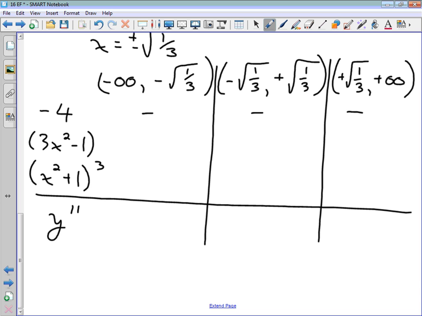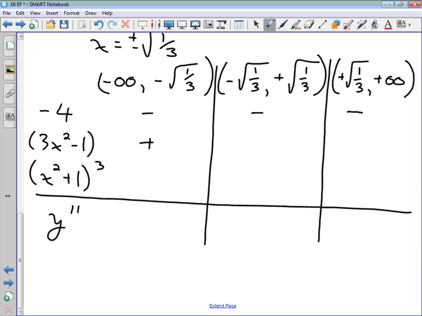What about the second row? 3x squared minus 1. Okay. Imagine putting in a really big negative number, like negative 100 or something. Is 3x squared minus 1 going to be negative or positive? What do we think? Positive. Yeah. We square that negative number, and it makes a big positive number.